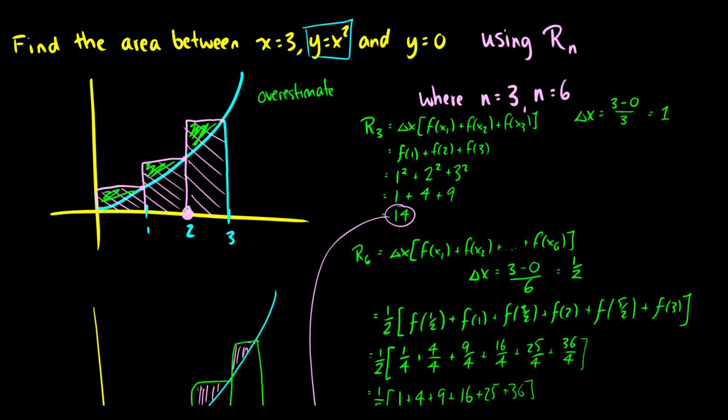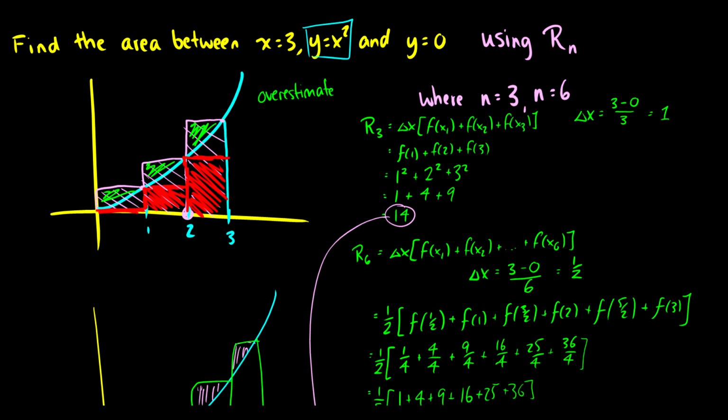So if I draw contrasting rectangles here over the ones I drew already, we have the first rectangle being at a height of 0, then we have another one here, and we have the last rectangle here. So you can see that the area in our left-hand endpoints is much less than the curve.